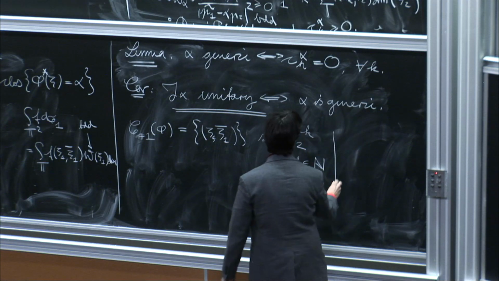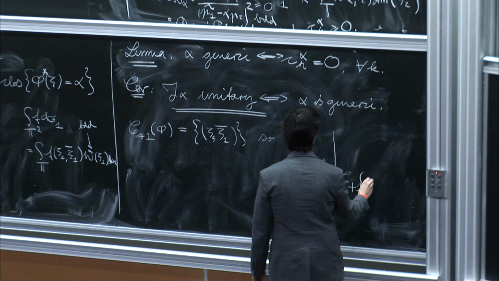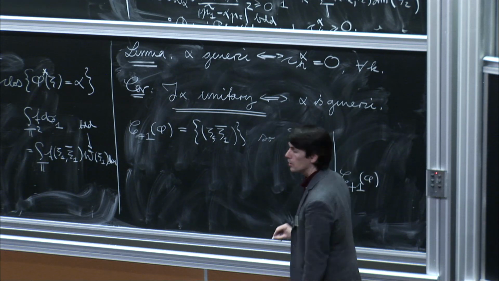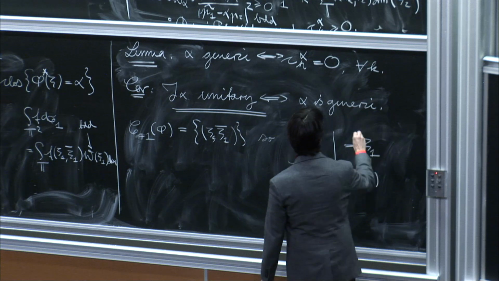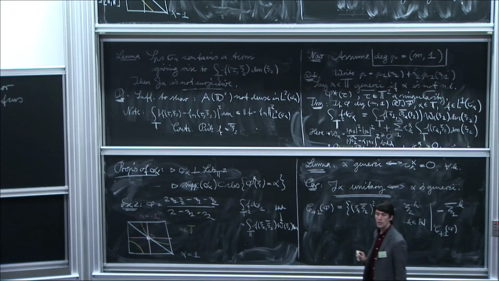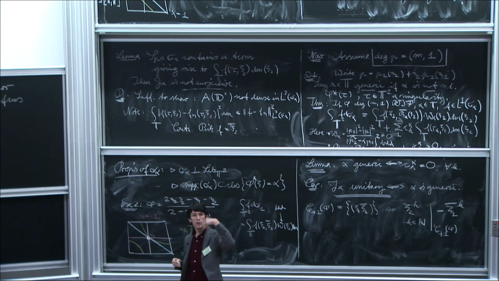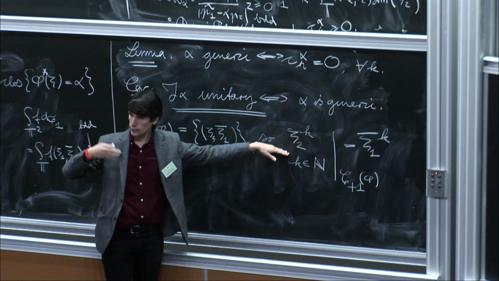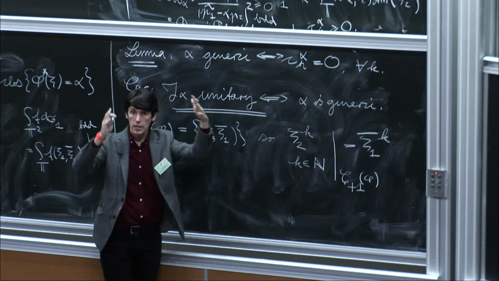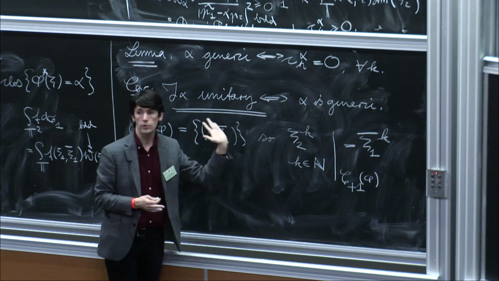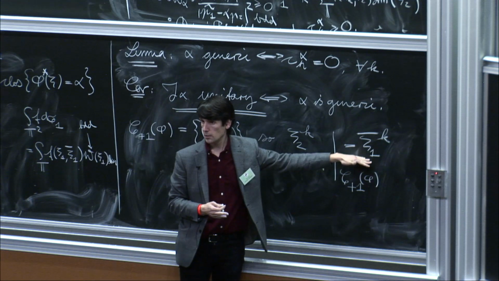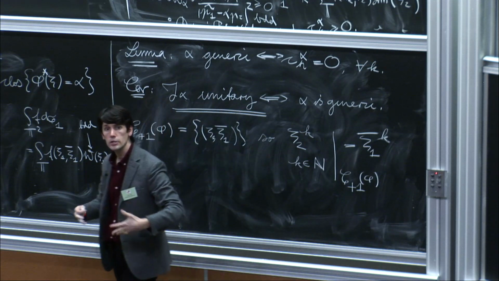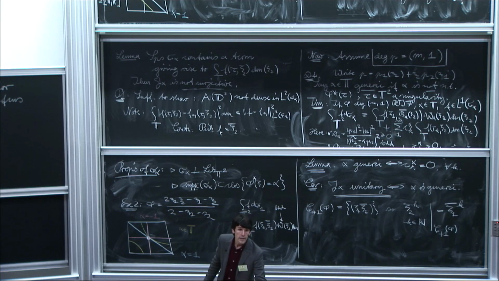And now when you restrict it to this +1 level set, well, you get zeta 1 bar to the k. Of course, the image of zeta 1 to a positive power is going to give you the positive frequencies you need to generate L2. And then restricting zeta 2 to this anti-diagonal is going to give you the negative trigonometric monomials. And then by forming linear combinations, you get something that is a dense set in L2 of this Clark measure.